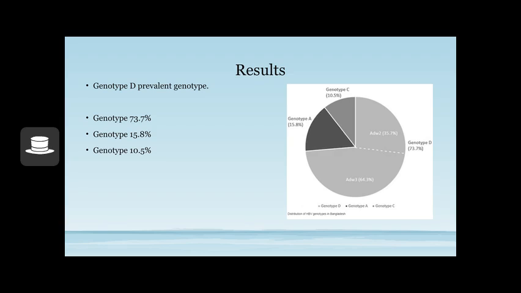Furthermore, genotype D was composed of two subtypes, namely AYW3 and AYW2, where subtypes ADW2 and ADR were specific for genotype A and genotype C, respectively, as shown in the picture.